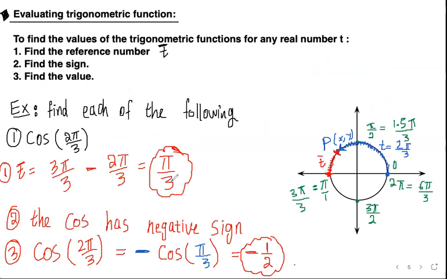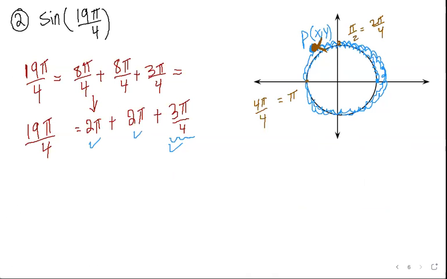My question is, what is the reference number? First step, t bar. What is the t bar? It is the distance between here and the closest x-axis, a distance t bar. Pi over 4, exactly.